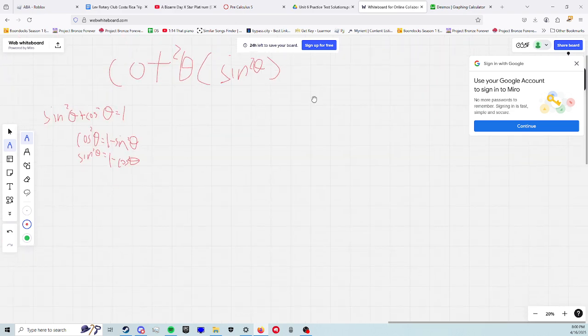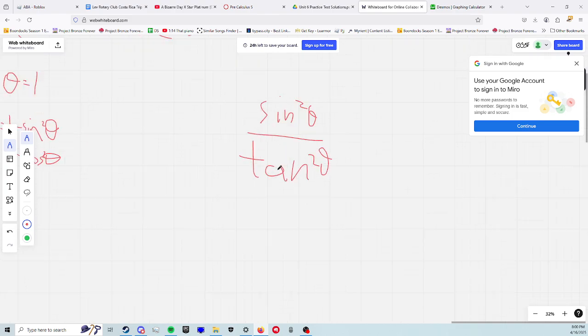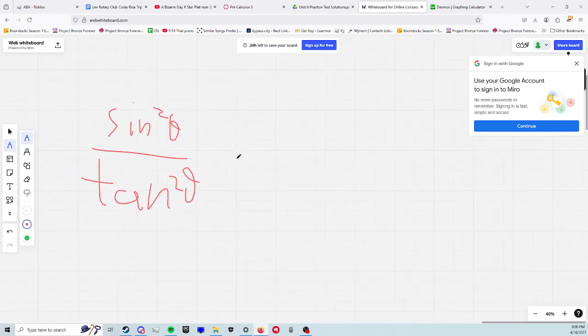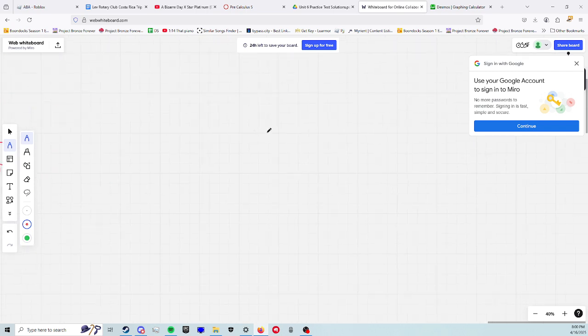Cotangent and tangent are opposites, so that's 1 over tangent, times sine squared theta. Now that we have tan at the bottom, what are you going to do? The tan wants to come apart, so you're going to flip it, and cotangent equals cos over sine.